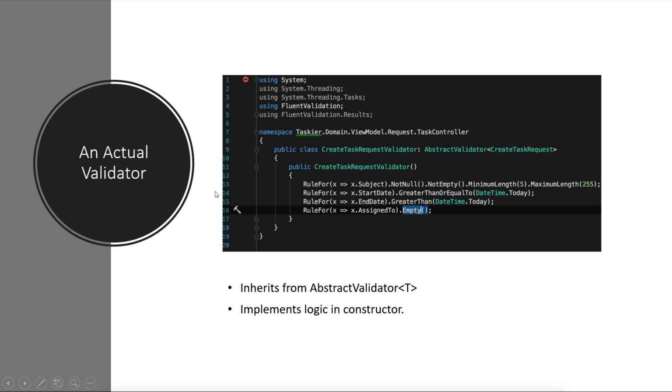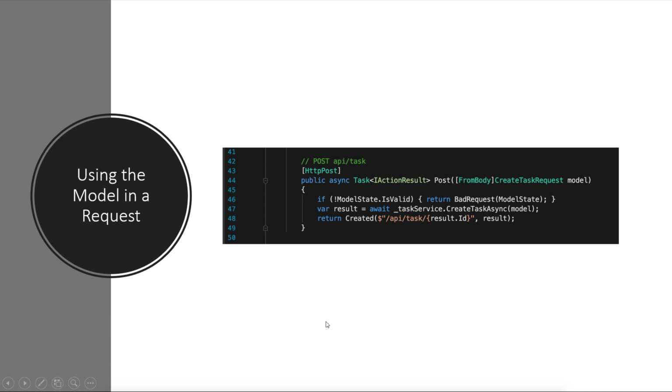So when it comes to using that model in the request, you can see I've got this post request right here that's an HTTP post method. And we're taking in a create task request from the body, and that's our model. And the very first line inside of that is checking to see if the model state is valid.